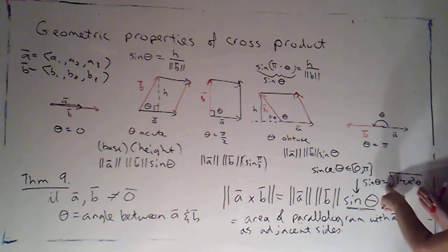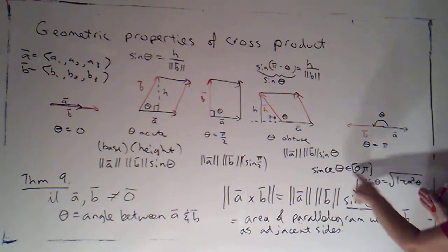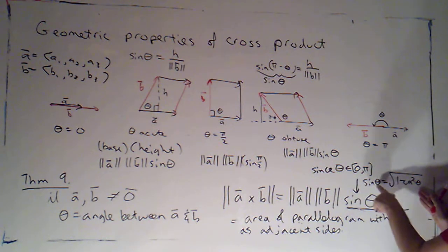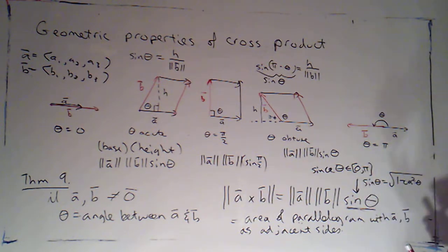It's always either that or the opposite of that. Because we're in the interval from 0 to pi, we can take the positive square root because we know that sine of theta will not be a negative number in this interval.